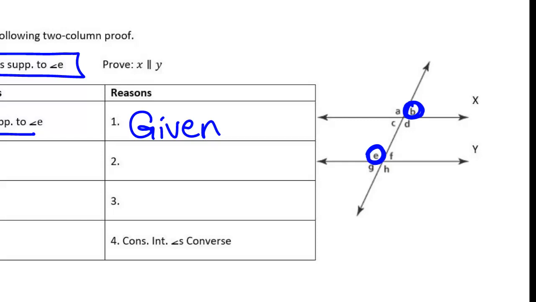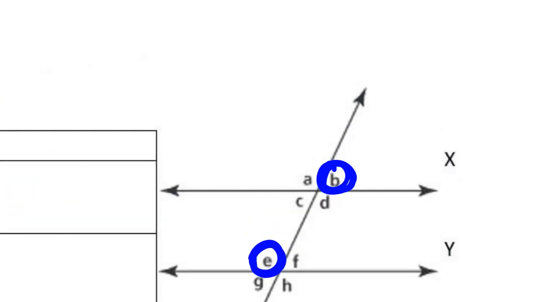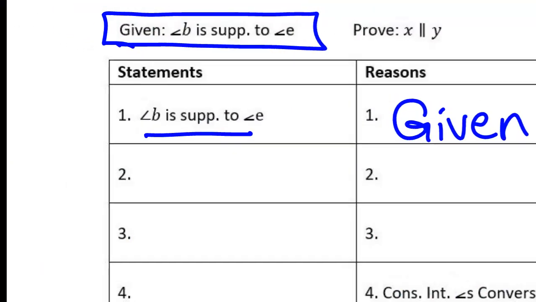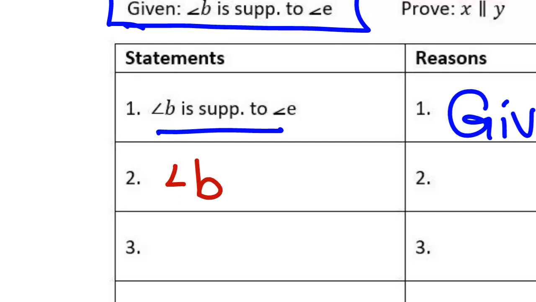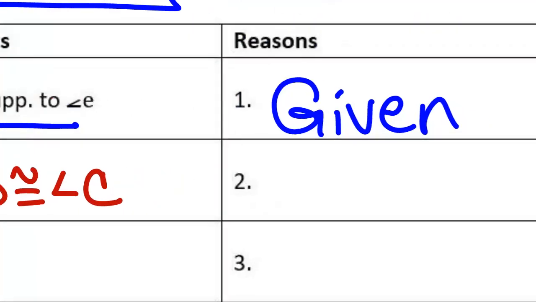Is there anything that is the same size as angle B up there? Angle C, why? They're vertical angles. So angle B is congruent to angle C by the vertical angle theorem.